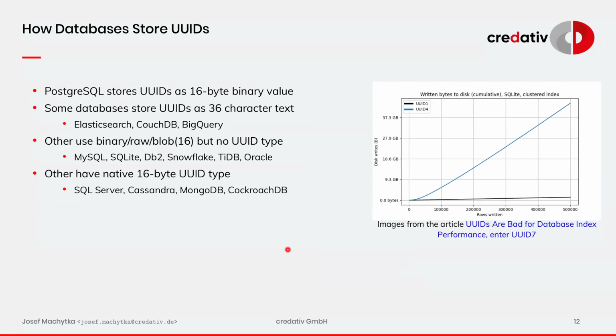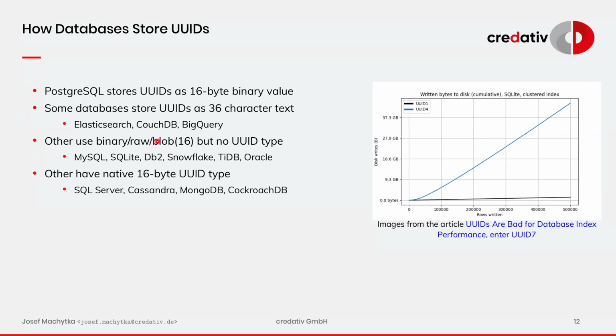How do databases store UUIDs? This is actually a very interesting question. And we are lucky that Postgres stores UUIDs natively, really as a 16-byte binary value. Some databases don't treat UUIDs as something special, and they store them simply as a 36-character text with all of those hyphens.